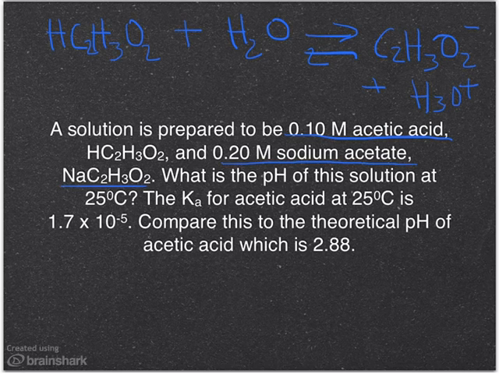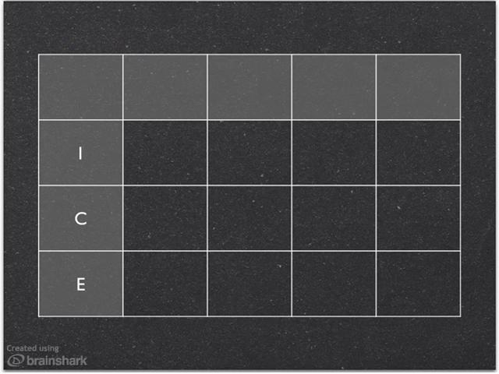So now let's set up our ice table. So you have HC2H3O2, you have your acetate ion, and then you have the H3O plus. Now we put in our initial values, which for the acid was 0.1. In this case we had sodium acetate, so for the acetate ion we have 0.2, because that's what we initially started off with.